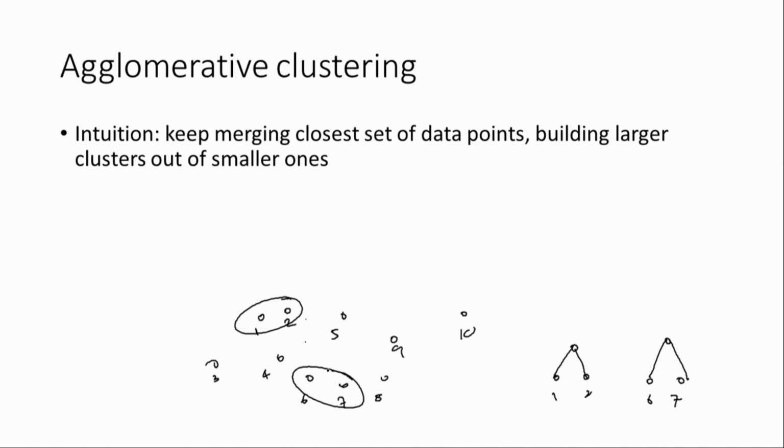Okay. But now notice something has happened. When I've put 1 and 2 together, I have created a cluster, right? But now, how do I measure how close 3 is to this cluster of 1 and 2? How do I measure this distance?